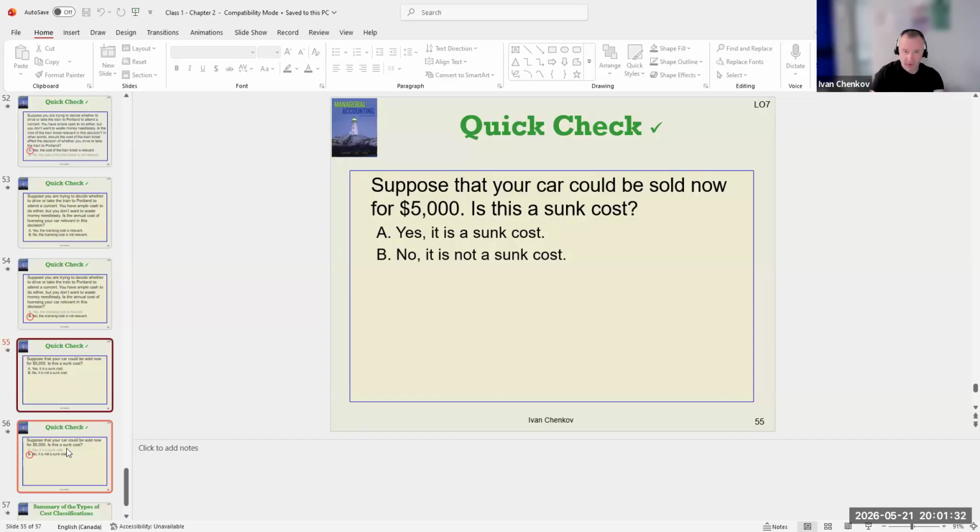Think about it. You're supposed to sell your car now for $5,000. Is this a cost for you? No. It's money coming in, people. It's not a cost. Since when does money coming in become a cost? It doesn't, right? Again, the initial price of the car is irrelevant.